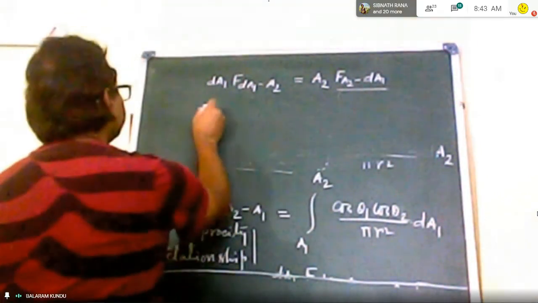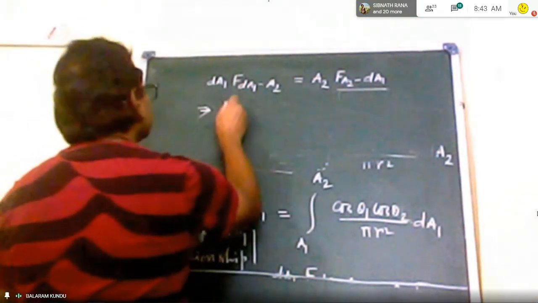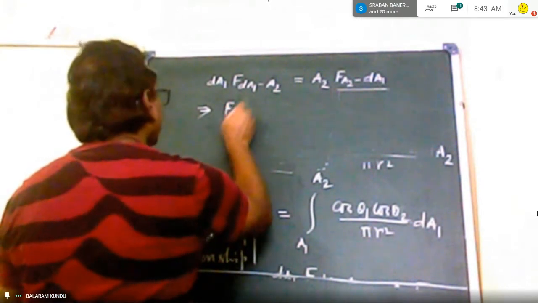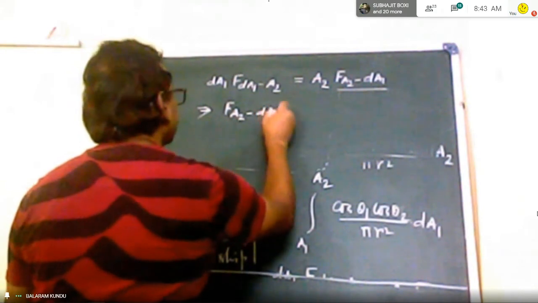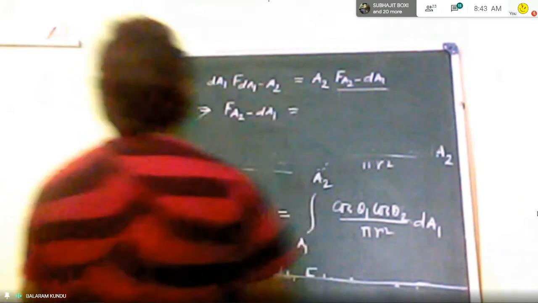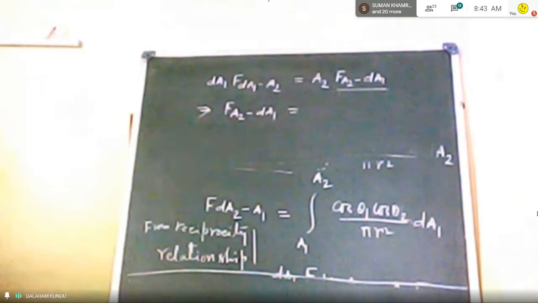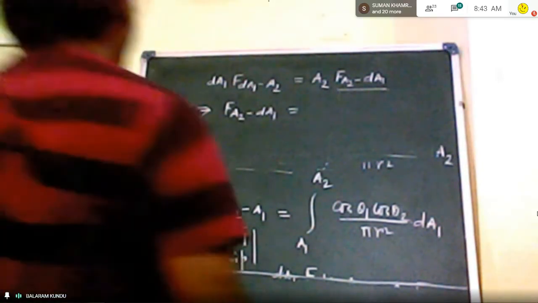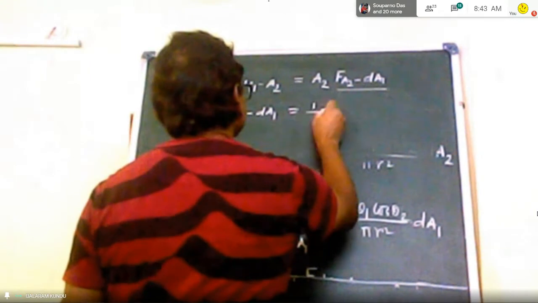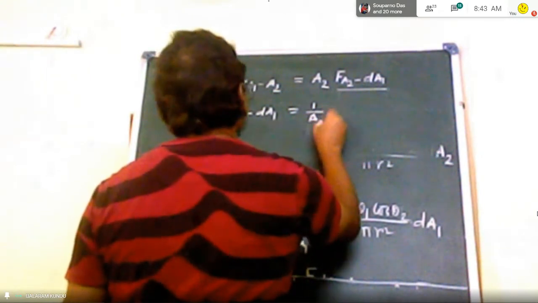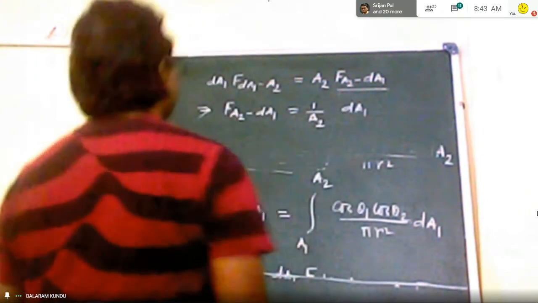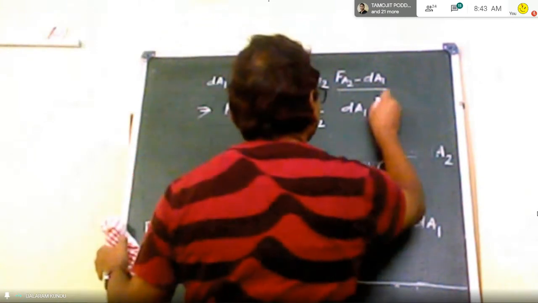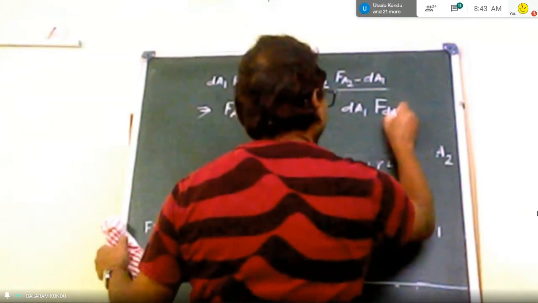So here shape factor F A2 dA1 that should be equal to 1 by A2 should be there, 1 by A2 into dA1 into F of dA1 to A2.